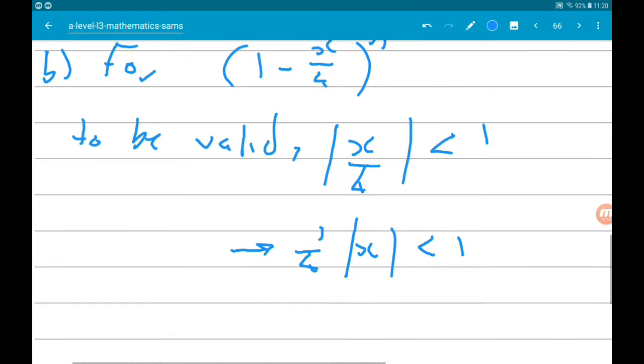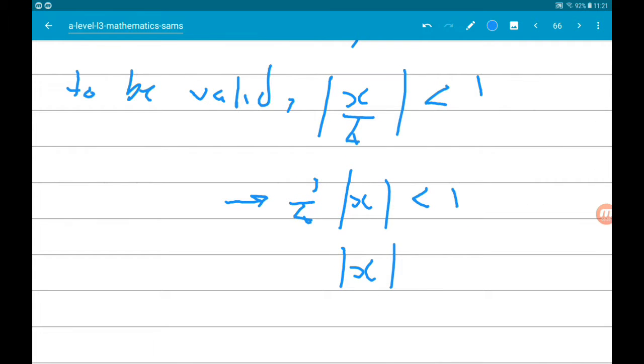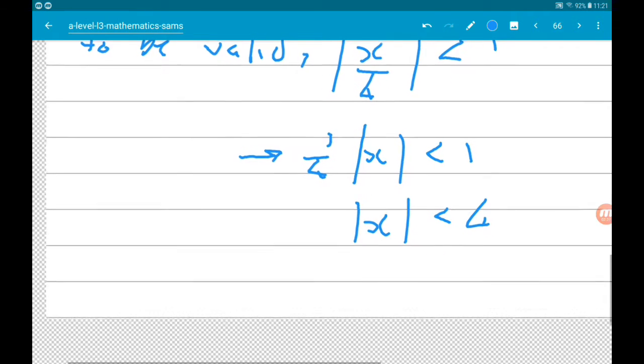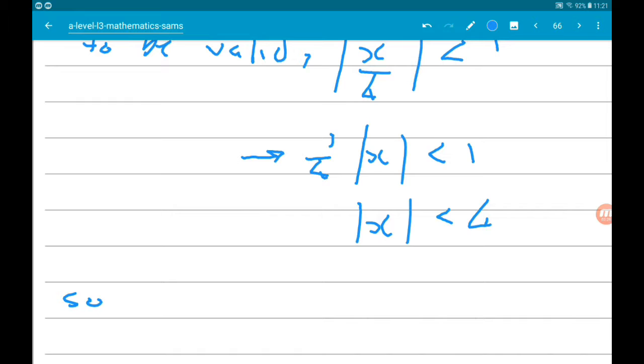Multiply by 4. Mod x then has to be less than 4. So, the expansion is valid for x equals 1.